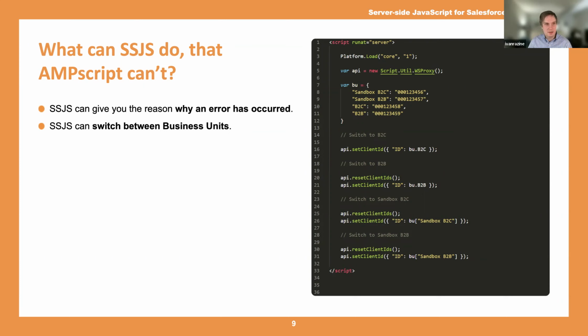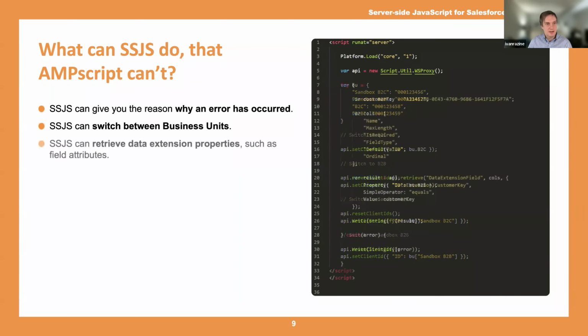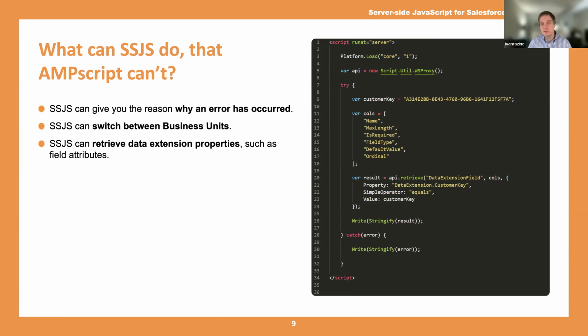All right, up next. Server-side JavaScript can retrieve data extension properties such as field attributes. In Ampscript, you can retrieve a lot of things, but apparently you cannot retrieve actual properties of a data extension. Which properties are we talking about? It's the name of the field, the max length of the field, is the field required, what is the type, what is the default value, and what is the ordinal.